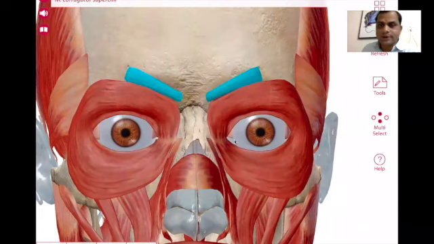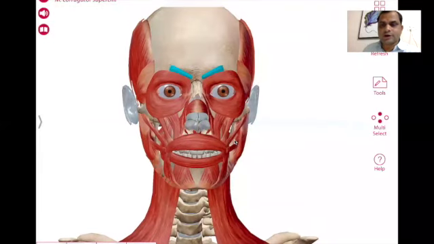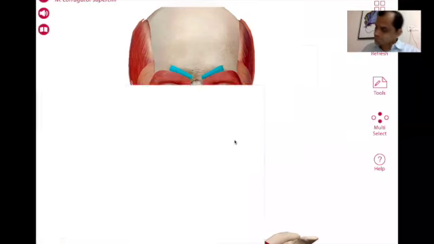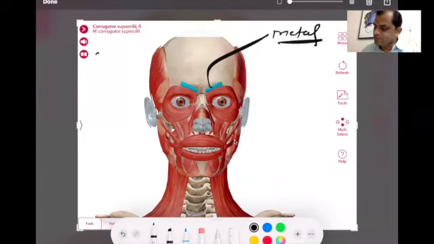And I told you earlier, when someone is always in sadness, this muscle becomes weaker and poor. So this muscle is connected with the metal element. The name of this muscle is corrugator muscle. Corrugator muscle.